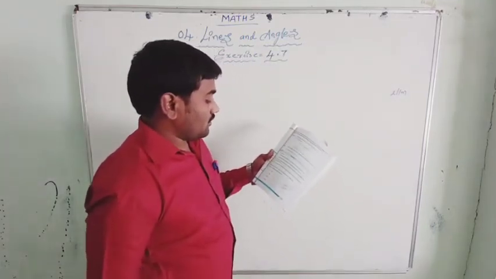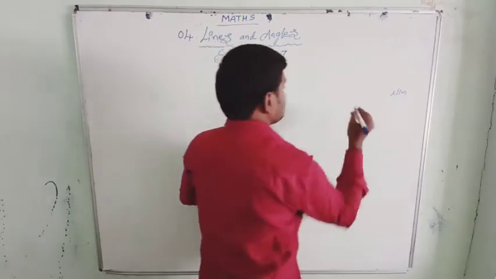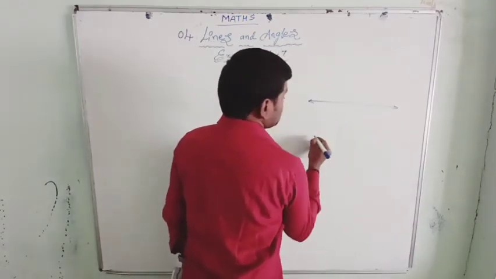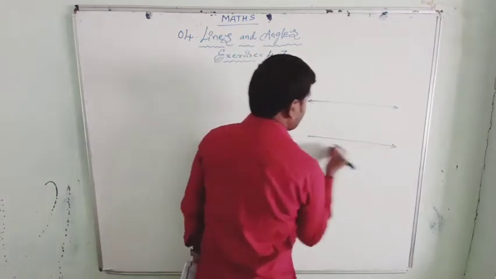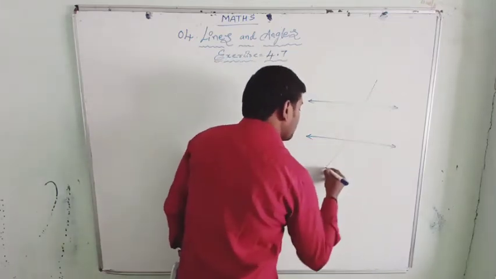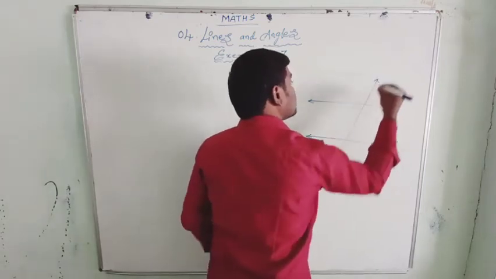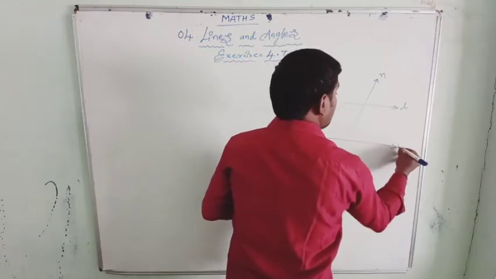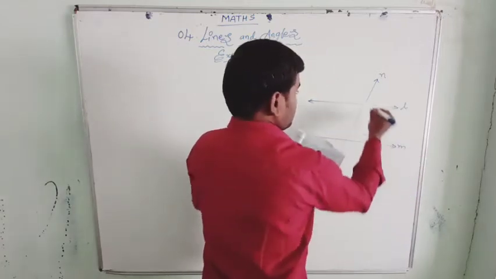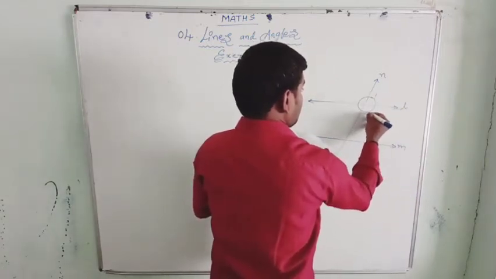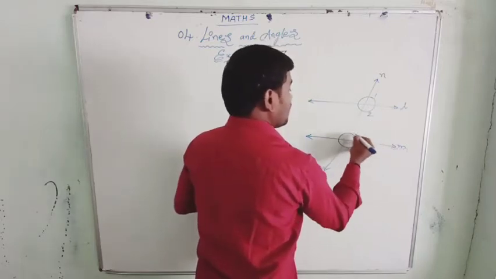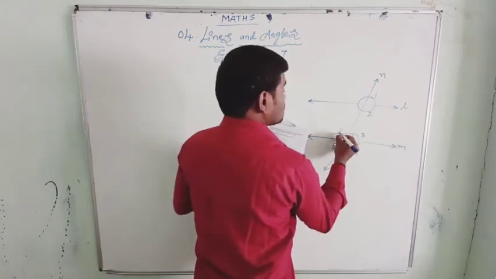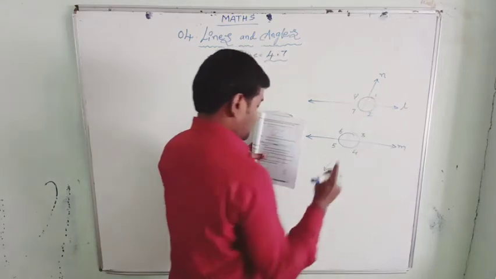Now we have the second bit of questions. The second bit is based on this diagram. You have to understand this diagram clearly. Here it is N, L and M, with angles 1, 2, 3, 4, 5, 6, 7 and 8.